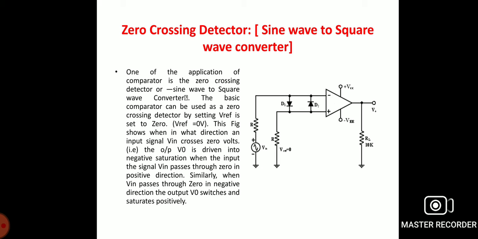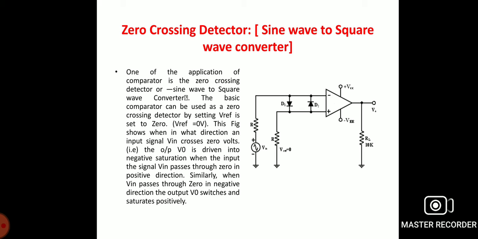Therefore, the output voltage is driven into negative saturation when the input passes through 0 in the positive direction. Similarly, when the input voltage passes through 0 in the negative direction, the output switches to positive saturation.